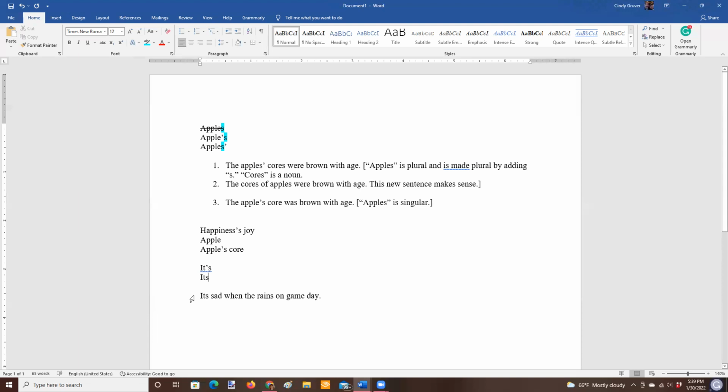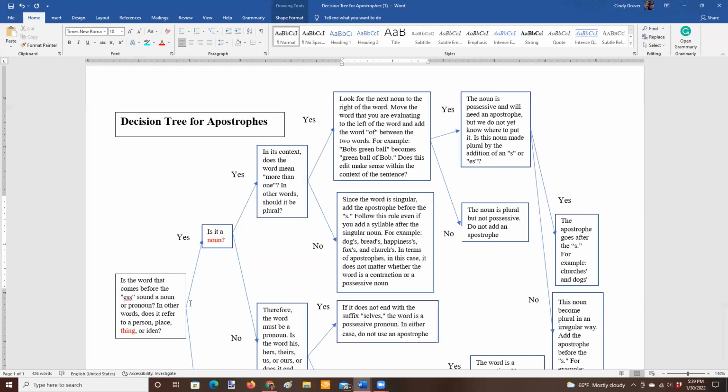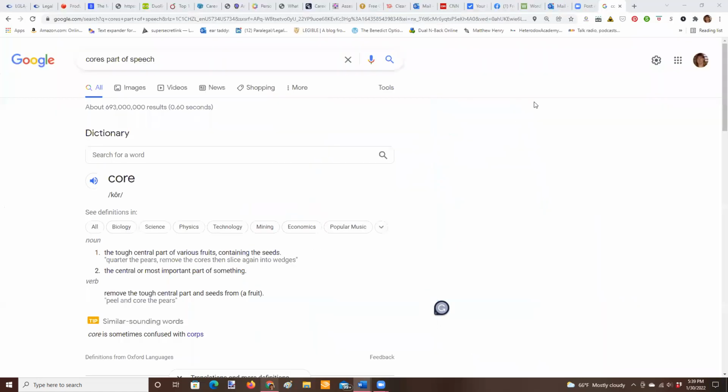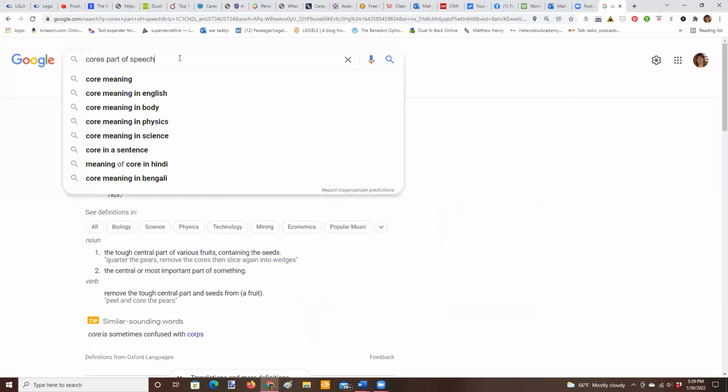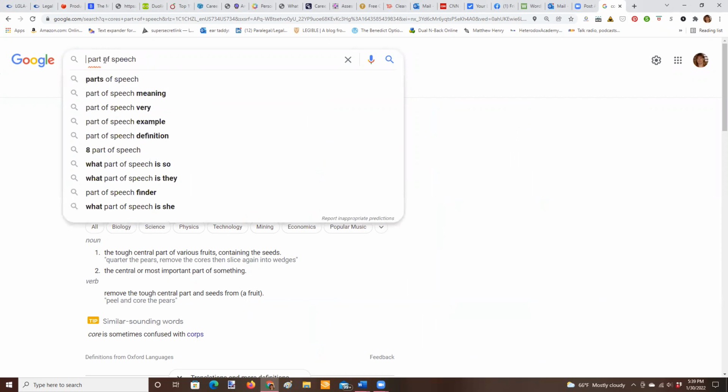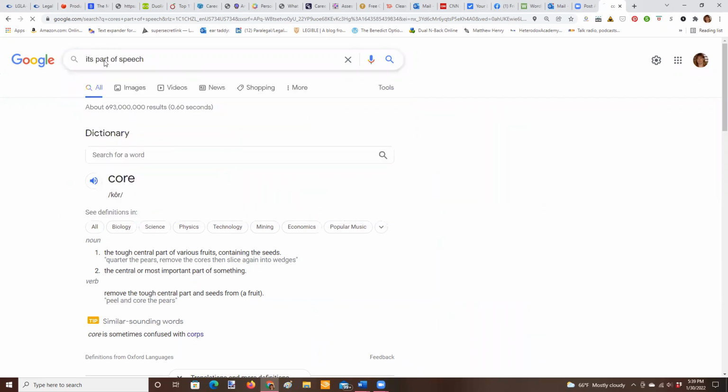Okay, so we're going to do the analysis that we've done before. I'm going to put it in italics so we'll keep track of what we're doing. So again, we're going to start the decision tree at the beginning. Is the word that comes before this sound a noun or pronoun? Okay, so this is the its word that we're looking at. So let's say I'm not sure about its. Okay, so I'm just going to type in its. Its part of speech.